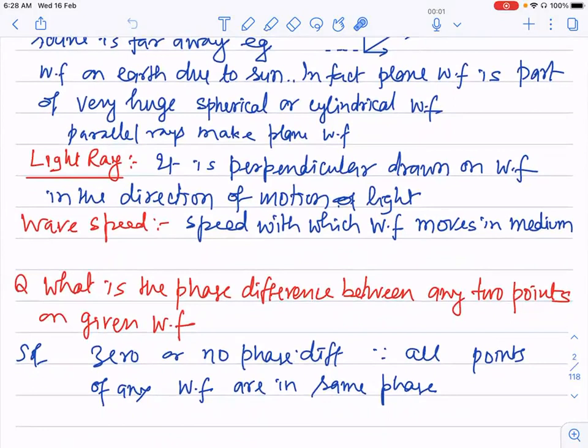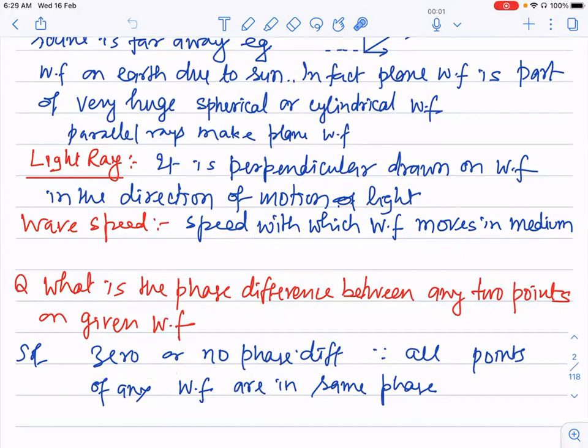And wave speed is the speed with which the wavefront moves in a particular medium. Now, if I ask you what is the phase difference between any 2 points on a given wavefront, it will be 0. No phase difference, because all the points are vibrating in the same phase.